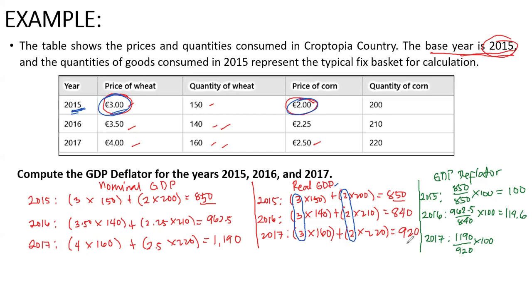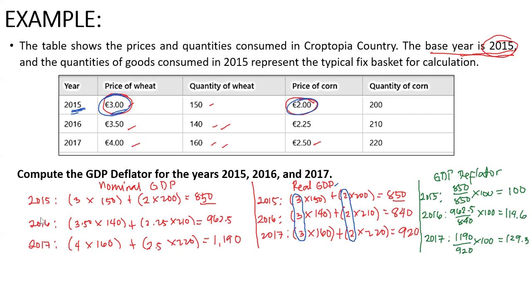So we have here 129.3. So this is now the answer for your GDP deflator across years. Here we simply divide the nominal GDP by the real GDP in order to get the GDP deflator. So I hope this is all clear.